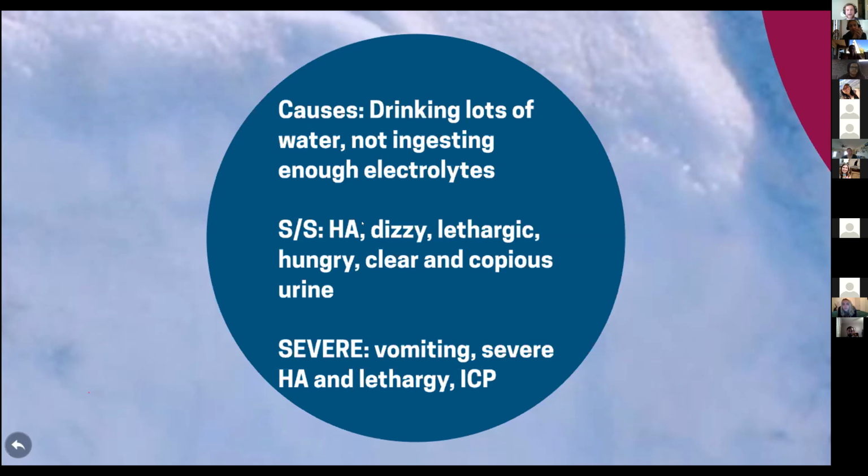So really keep tabs on your fellow crew members, your crew leaders, your staff, your friends, your family. And if somebody's acting abnormally, it's a great time to question them and make sure that you're treating their illnesses, for example, hyponatremia, before it gets more severe, because we want to catch things early.